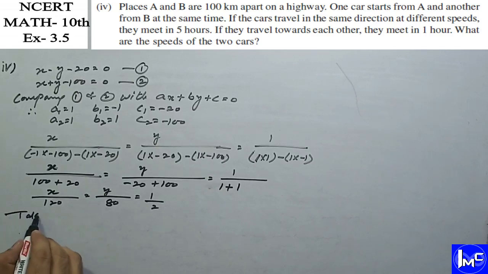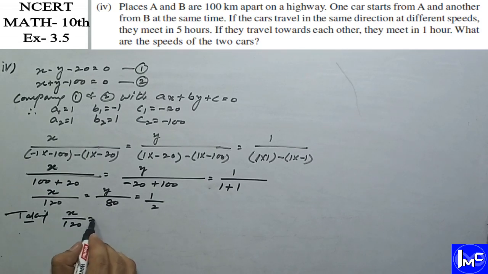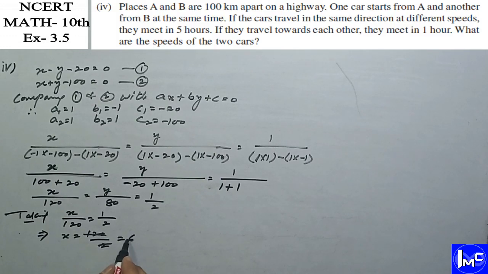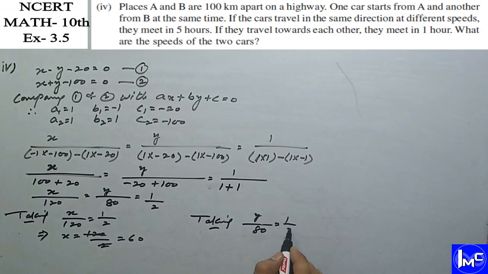Now taking x over 120 is equal to 1 over 2, it will be x is equal to 120 over 2, and it will be 60. And taking y over 80 is equal to 1 over 2, it will be y is equal to 80 by 2, and it will be 40.